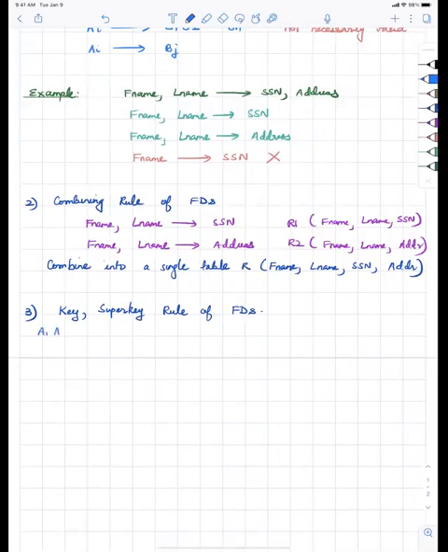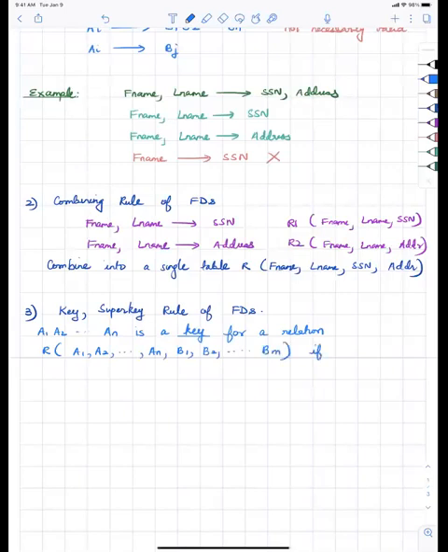A1, A2, and so on to AN is a key for a relation R, which has A1, A2, and so on to AN, and then attributes B1, B2, and so on to BM, if, one, A1, A2, and so on to AN functionally determines B1, B2, and so on to BM.